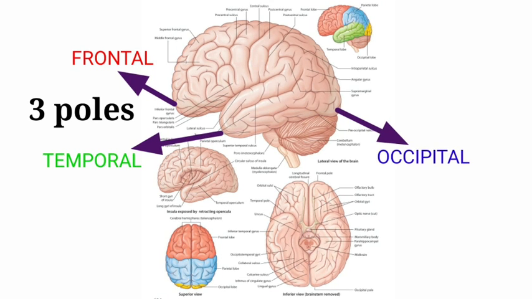The frontal pole is situated anteriorly, the occipital pole is situated posteriorly, and the temporal pole is situated in between frontal and occipital and beneath them. And later on in our course of discussion, we will also see that frontal pole, temporal pole, and occipital pole belong to the lobes of the same name.